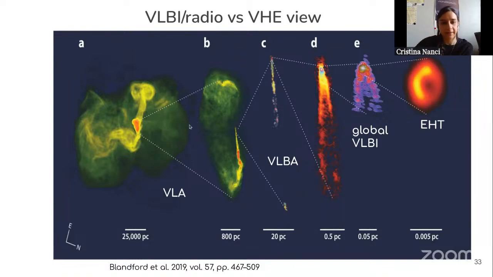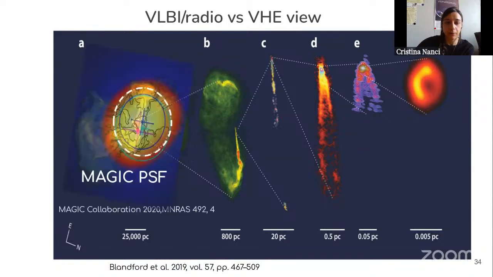This is the nice example of M87, for which we have kiloparsec scale observations up to EHT observations that allow us to resolve the source very well, but with very high energy observations, we cannot do that.